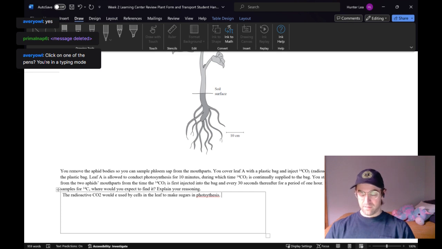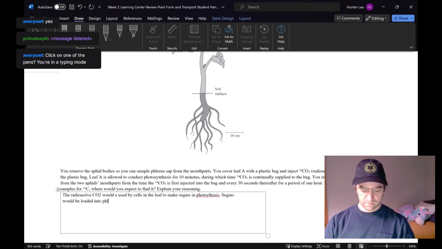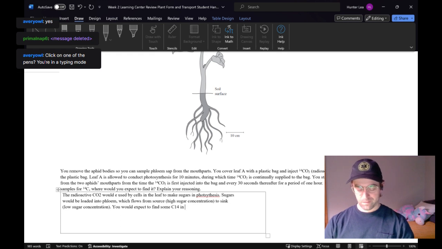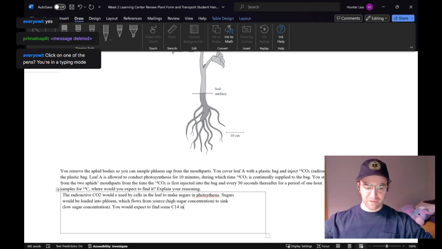So, how do I want to write this? You'd expect to find some of the carbon-14 in the phloem sampled from the aphid mouthpart below the leaf.